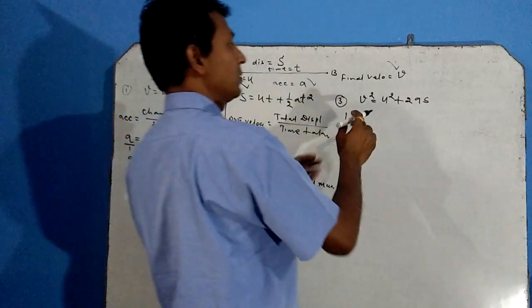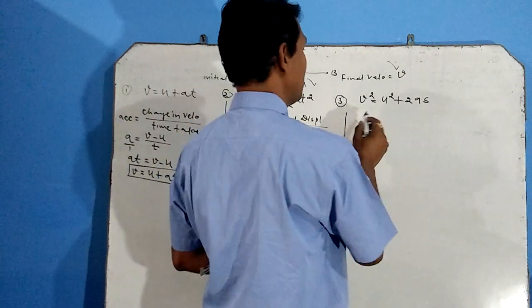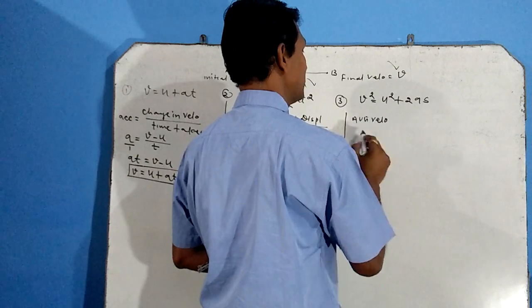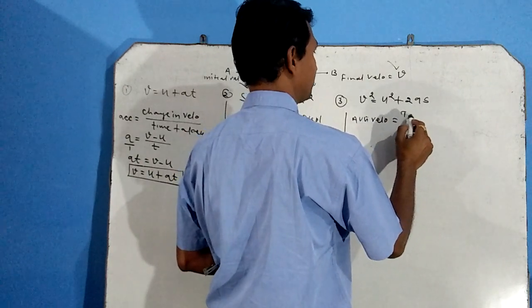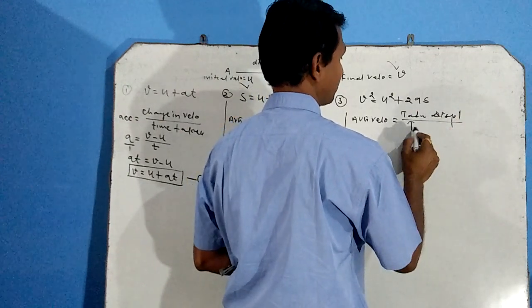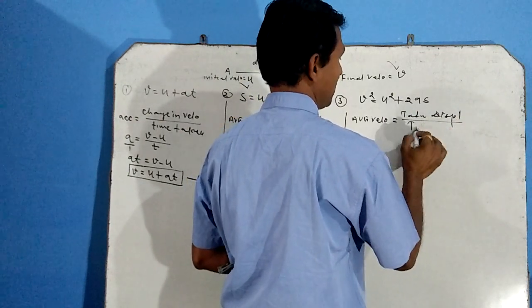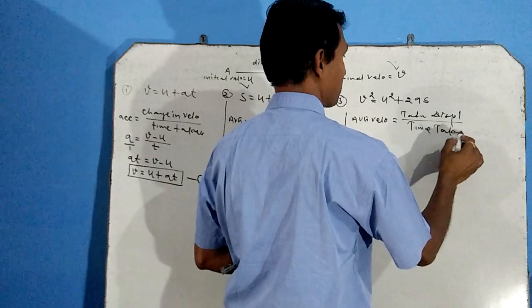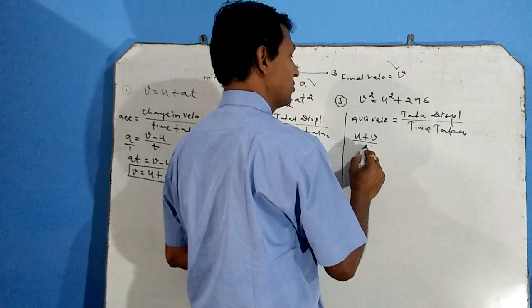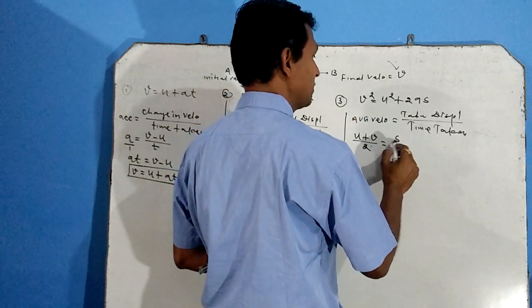Now let's discuss the third, taking again the same concept of average velocity is equal to total displacement upon time taken. Average velocity can be written as initial velocity plus final velocity upon 2, and total displacement s.